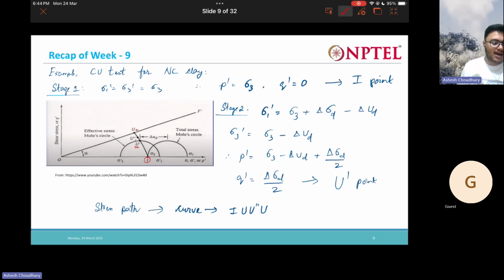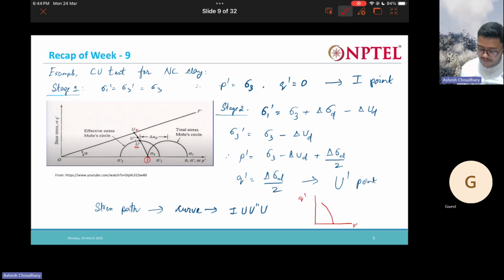The stress path for a CU test is nothing but a curved line. If I start my stress from here, I will get a curved line like this, for the CU test if I plot the effective values.